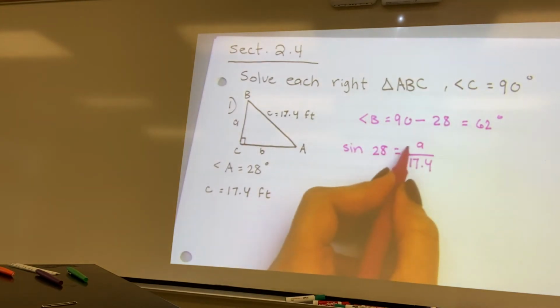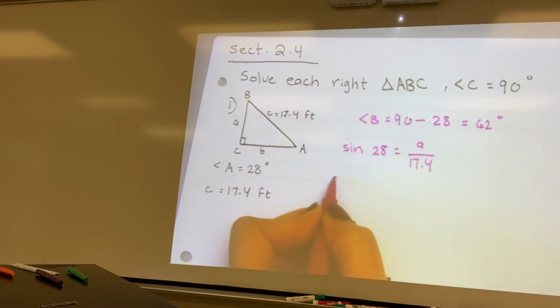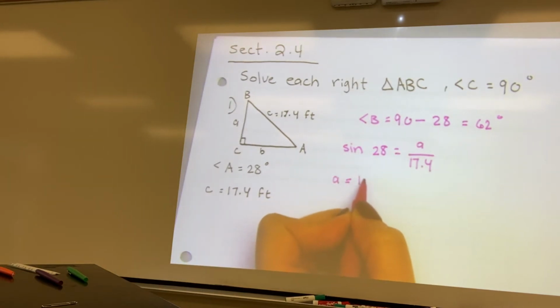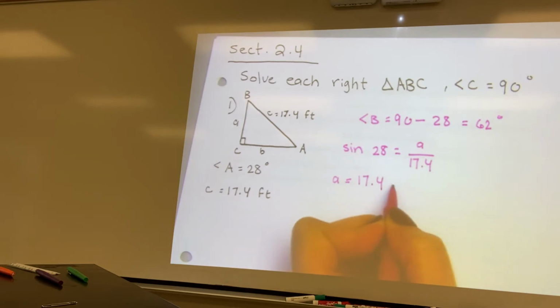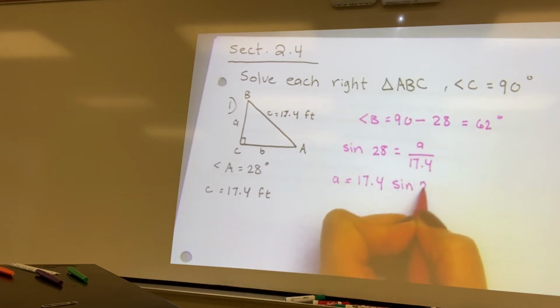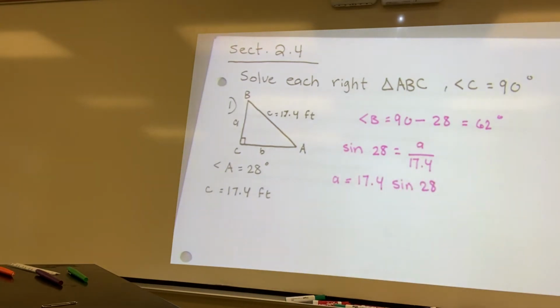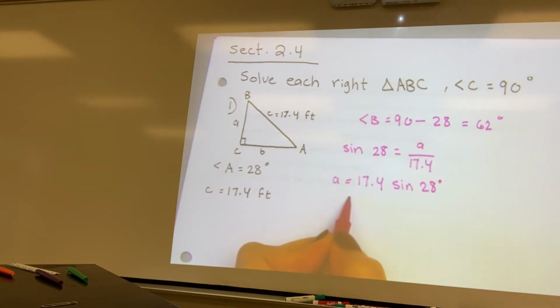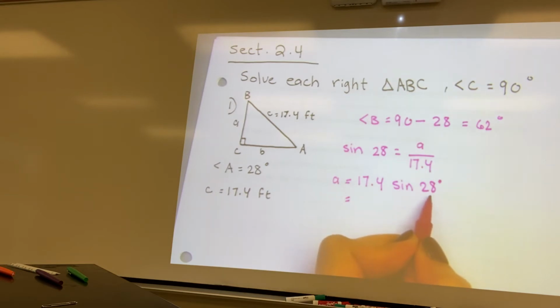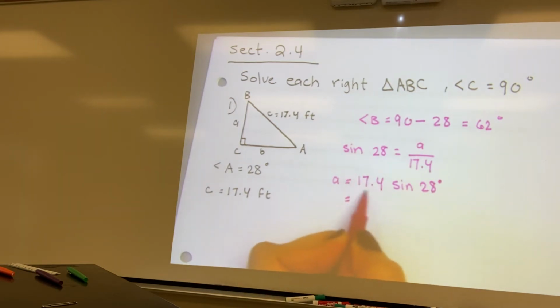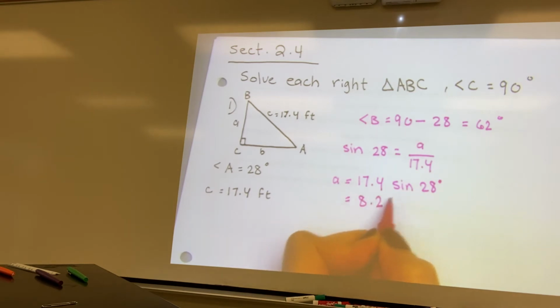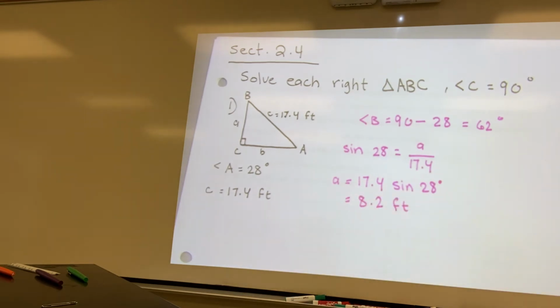We will cross multiply, and A is 17.4 times sine of 28 degrees. And multiplying the value of sine 28 degrees times the 17.4 should give you 8.2 feet. That's the length of side A.